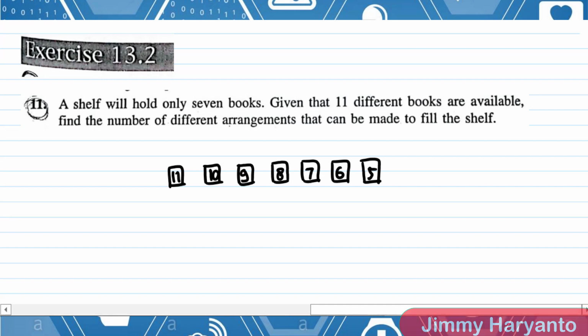The first place of the shelf can be filled with 11 different books, but for the second one it's only 10 because one book is already placed in the first place. So the answer is 11 times 10 times 9 times 8 times 7 times 6 times 5, which is 1,663,200. Okay, next.